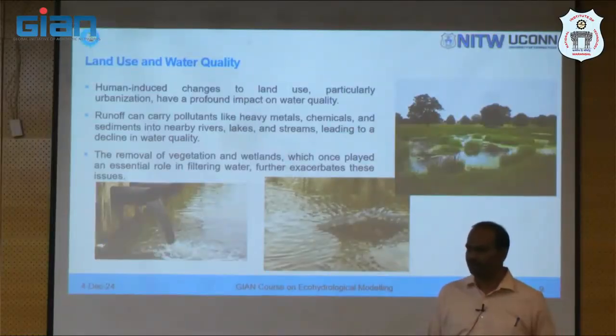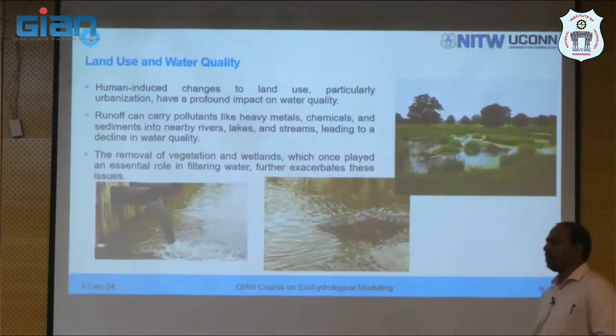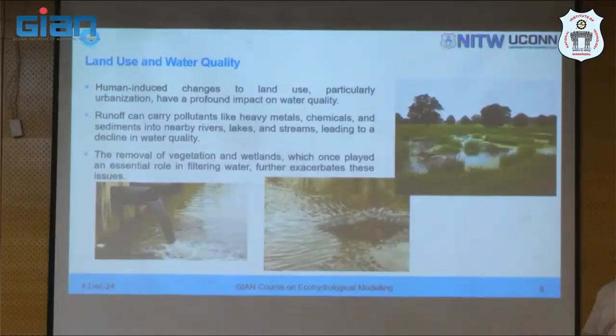We throw most of the waste onto the road without realizing what it might cause. So, that waste, those heavy metals and pollutants get washed out and go into the drains. This is a drain where, after a rain event, water is flowing and it goes to the drains, which affects the water quality, right.